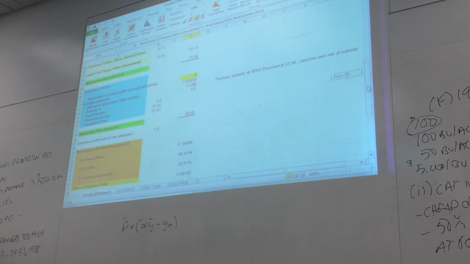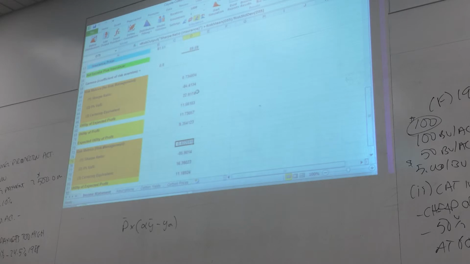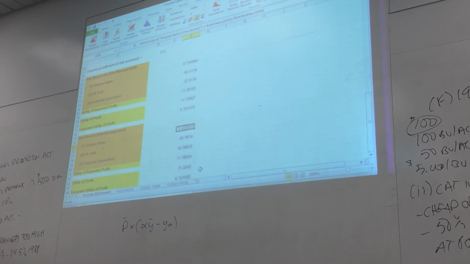Pretty small change in net income, and we see that our VAR was minus 84 without insurance. It drops to minus 95 with insurance, right? That's not looking good. The certainty equivalent was $23 before, now it's 16.4, not looking good. The expected utility of profit, $875, below $935 without insurance, not looking good.